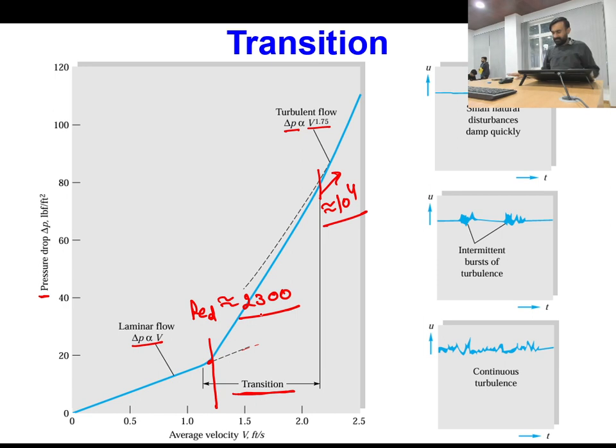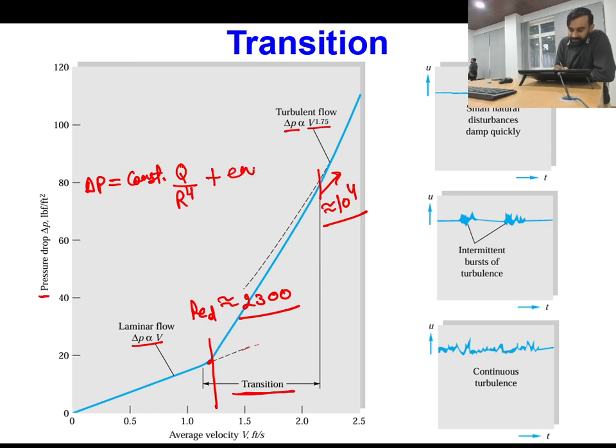Okay, and typically Hagen has mathematically expressed this argument: delta P is equal to some constant into flow rate times radius of the pipe by 4 plus entrance effect.